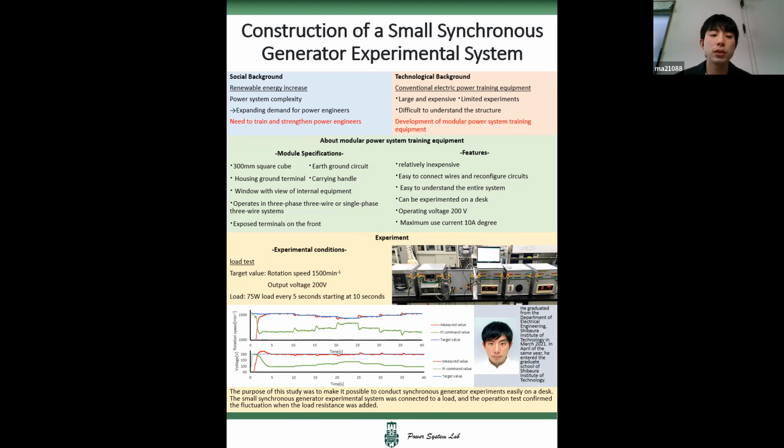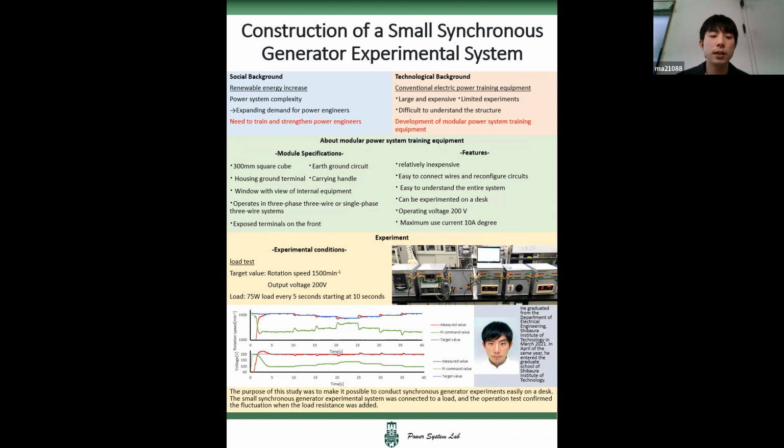The main features are that it is relatively inexpensive to build, easy to connect, and reconfigure the circuit. It is easy to understand the overall flow of the system and possible to conduct experiments on a desk. The following is a report on the characteristics of each module and its operation experiments.